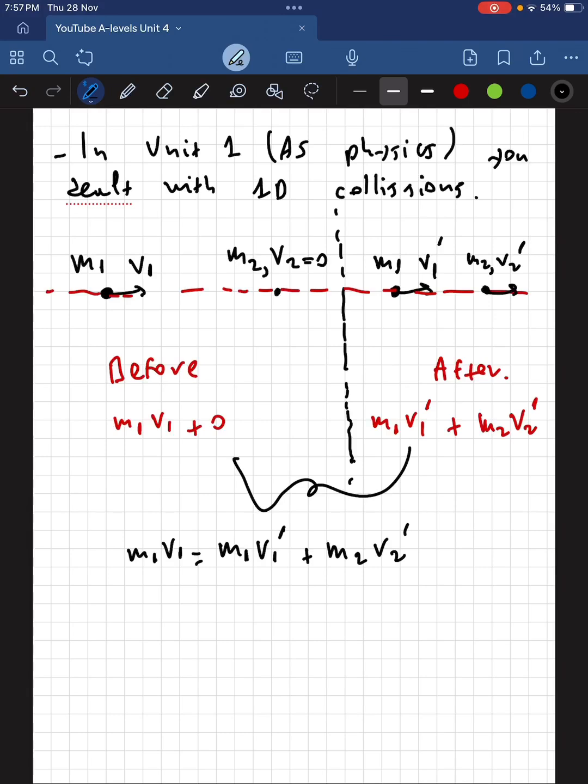In other examples, maybe this ball m1 will bounce off and move to the left, but the object ball moves to the right, so that's still valid. If the first ball moves to the left, we will have to include a minus sign, but that's a different example. So let's keep it simple.